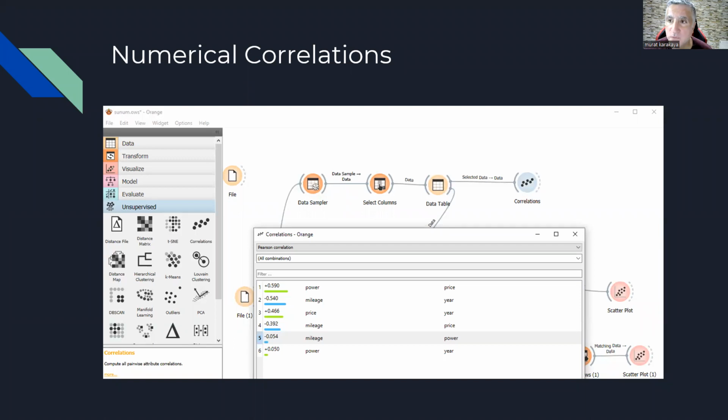If two features have very high correlation between them, do you want to remove one of them or do you want to keep both of them? Here, for example, power and price, the correlation is low, 0.6 is not high, but assume that it is 0.999. In machine learning, do you want to keep these features or not? And why?